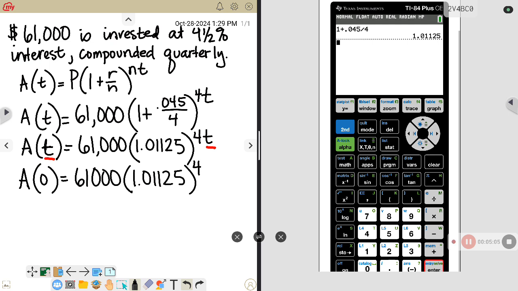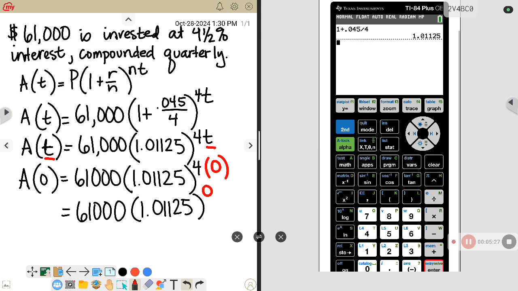Now here's what we're changing. The t is going to be a 0. So if I multiply those exponents together, 4 times 0 gives me 0. So I'll have 61,000 times 1.01125 to the 0 power, because 4 times 0 is 0.